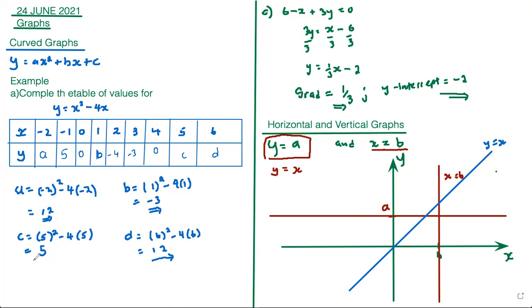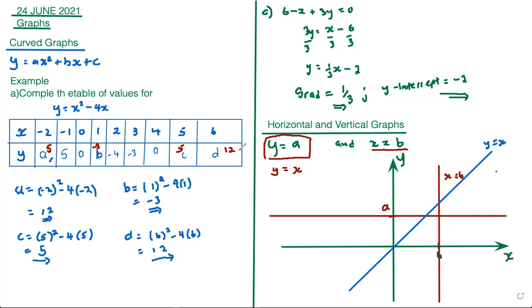So these are the values that are supposed to be right here. These points. So now we know that this value here is a 5. Now we know that B is a -3. We know that C is a 5 and D is a 12.